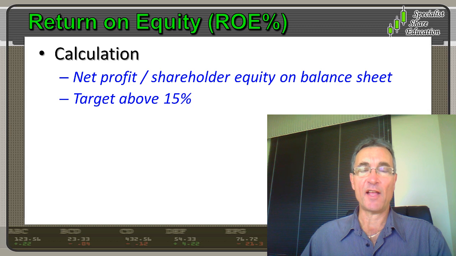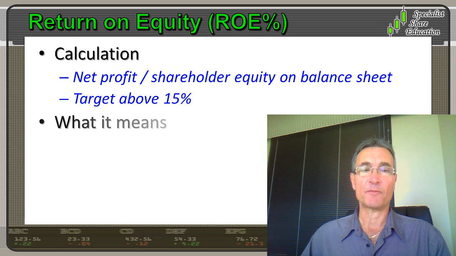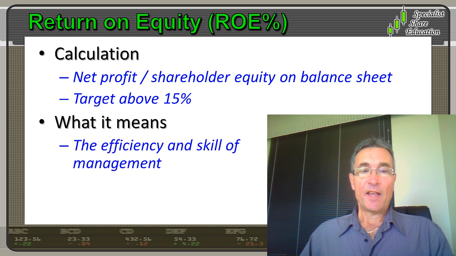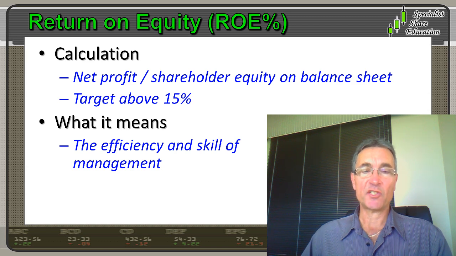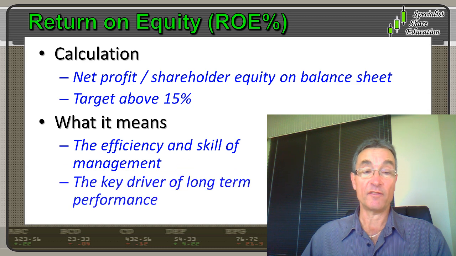And eventually that value will come out to you in one way or another, either through increased dividends or through an increase in share price. Now, what it really means, high return on equity is a really strong indicator of the efficiency and the skill of the management team. You don't get strong and consistent return on equities by good fortune.